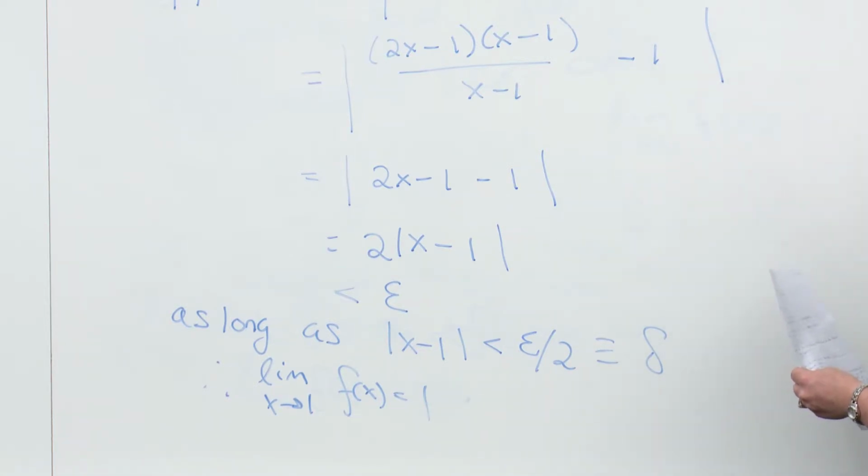Okay, so let's do something that's actually very nonlinear. Let's do something quadratic to start with. And we want to show that the limit as x approaches 3 of f of x is equal to 21.